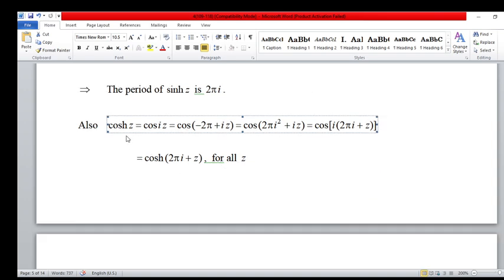The same thing applies here. Cos hyperbolic z is equal to cos iz, and cos iz can be written as cos of minus 2 pi plus iz, and this minus symbol can be written as i square, with i common.